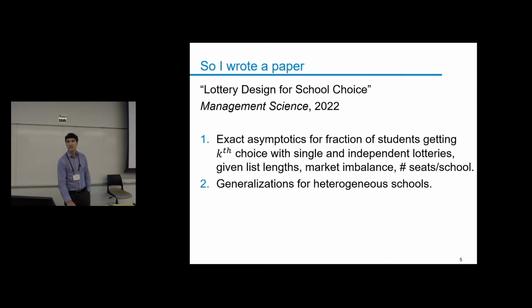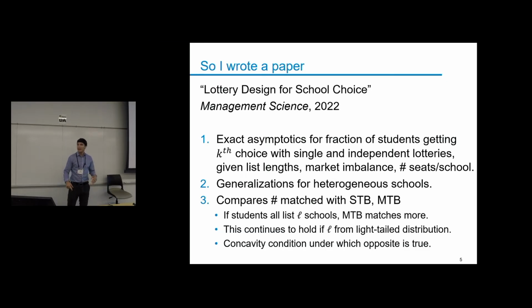I give some generalizations for heterogeneous schools, and then I do comparisons between using a single lottery at each school and using separate lotteries at each school, and show that the second case, independent lotteries, will match more students so long as students all list the same number of schools. That's one condition. Or, for example, if students list a random number of schools, but the distribution of list length is light-tailed, that same result will go through. I also give some conditions on the list length distribution such that that flips.